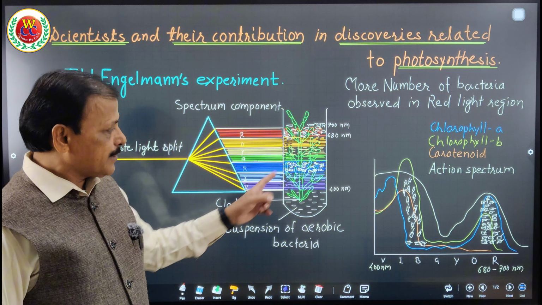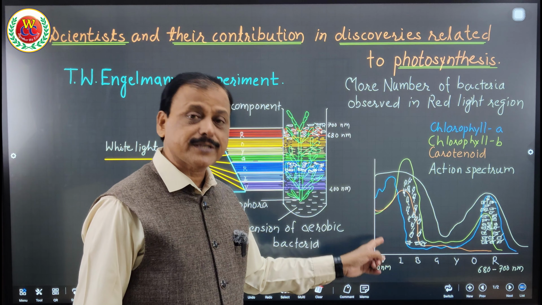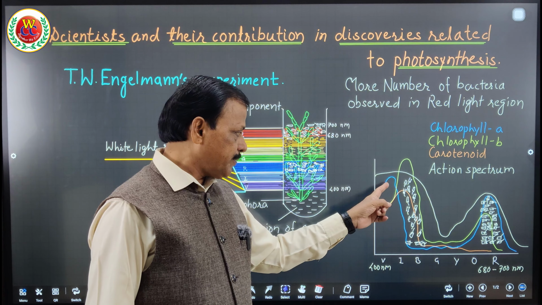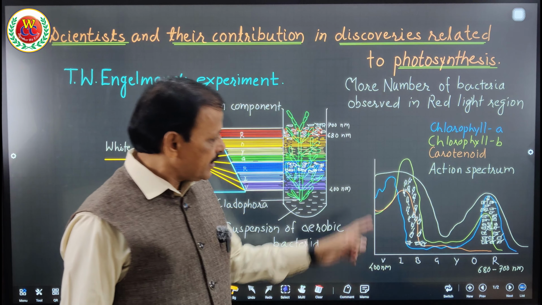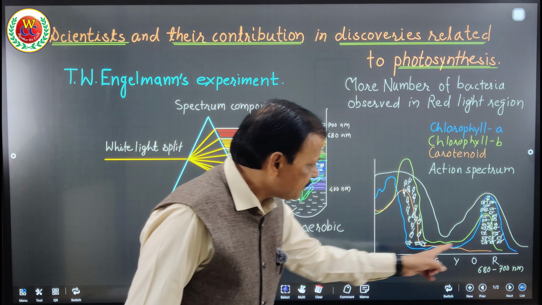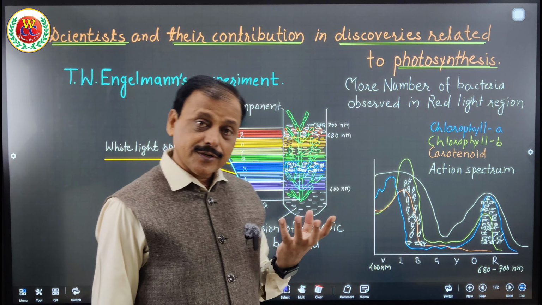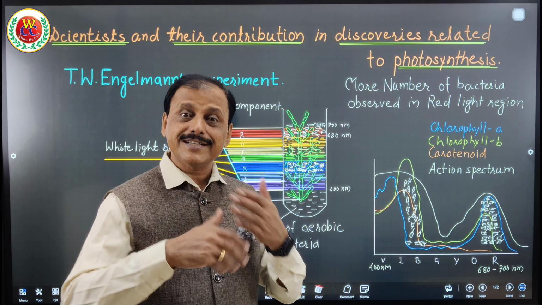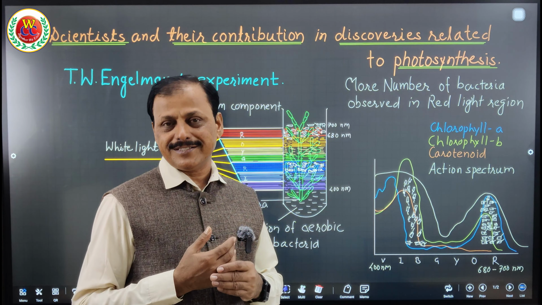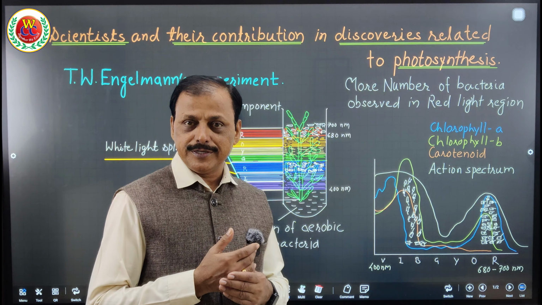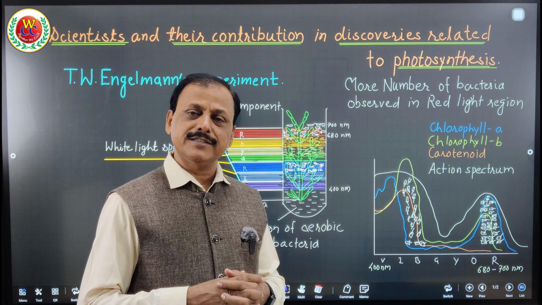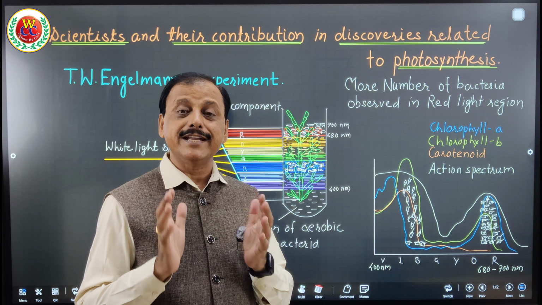And therefore here I have drawn this absorption spectrum and action spectrum with chlorophyll B, chlorophyll A and carotenoid. See, this is chlorophyll A which has more action, as chlorophyll A is the photocenter. It converts light energy to chemical energy. The other pigments, chlorophyll B, C, D, bacteriochlorophyll, bacterioviridin, phycoerythrin, phycocyanin, phycobilin, xanthophyll, carotenoid, are antenna pigments.